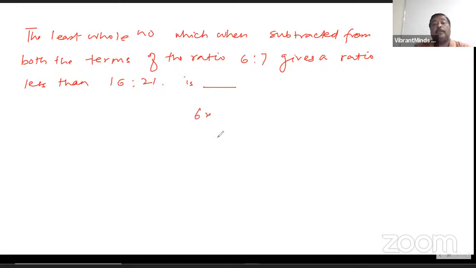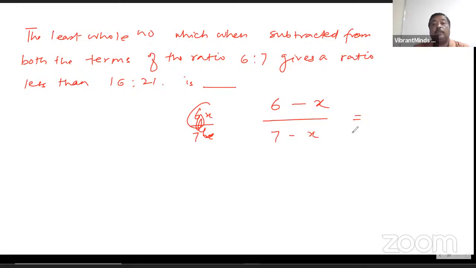So let's say if I have 6x and 7x. Let's consider it like this. Or let's not do this, guys. So let's say the least whole number which is subtracted is x.